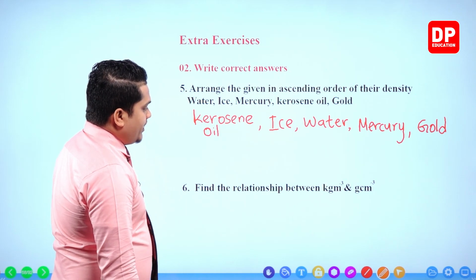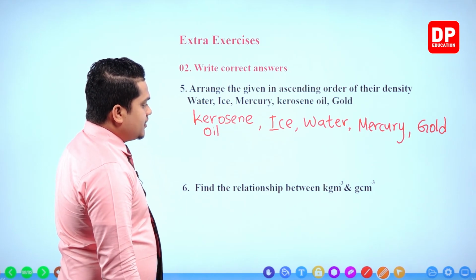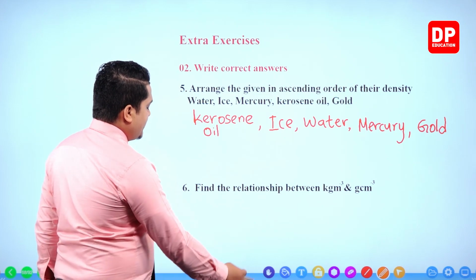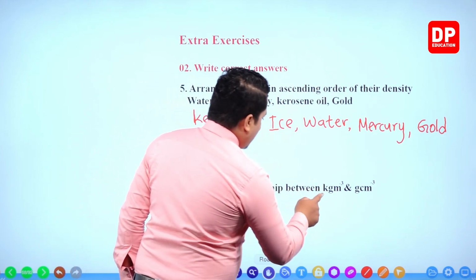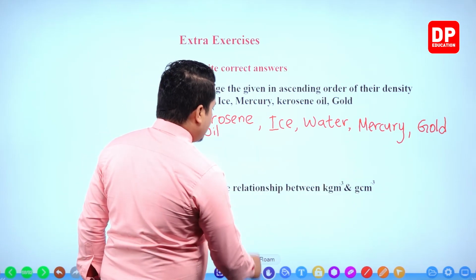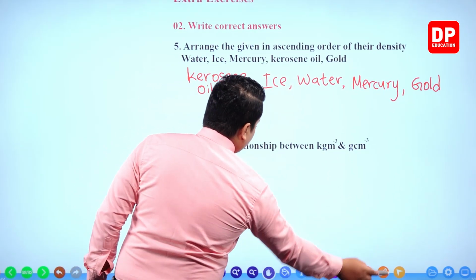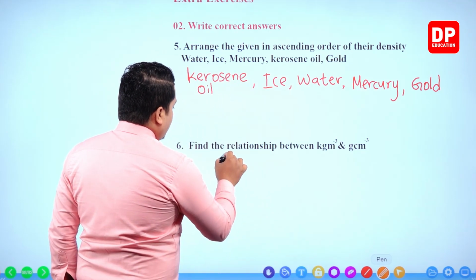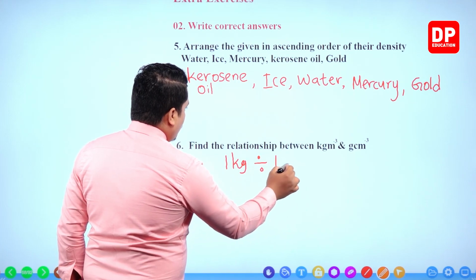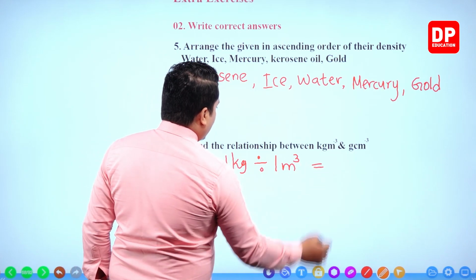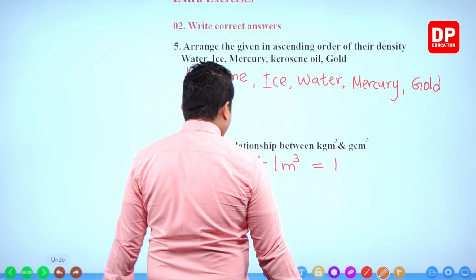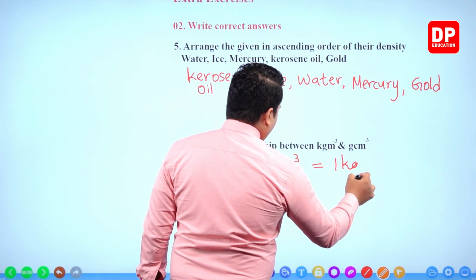Find the relationship between kg m to the power -3 and grams per cubic centimeter. Let's see. That means you have to convert kilograms per cubic meter into grams per cubic centimeter. Let's see how to convert this. We know that 1 kilogram divided by 1 cubic meter is equal to 1 kilogram per cubic meter.